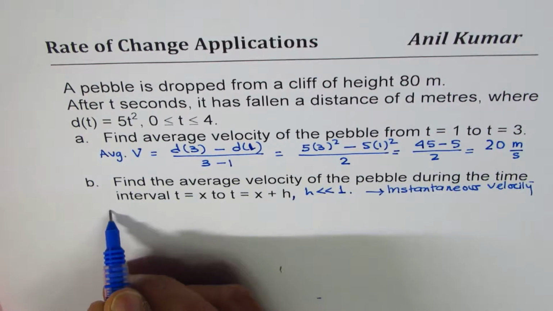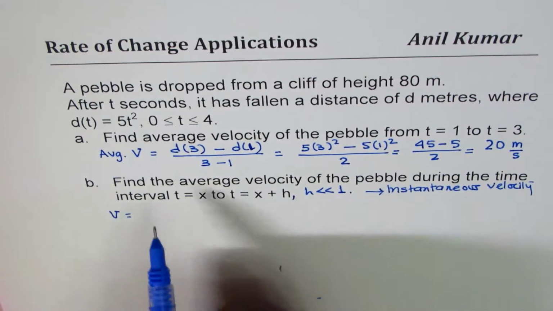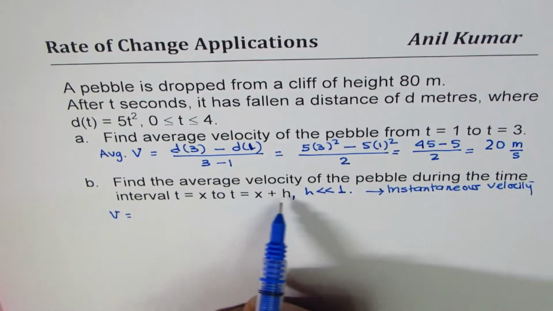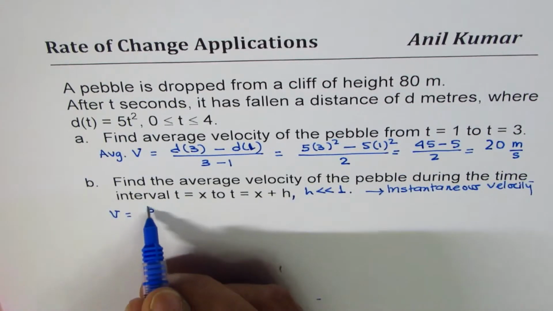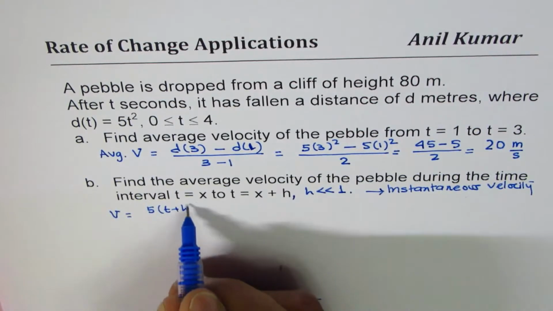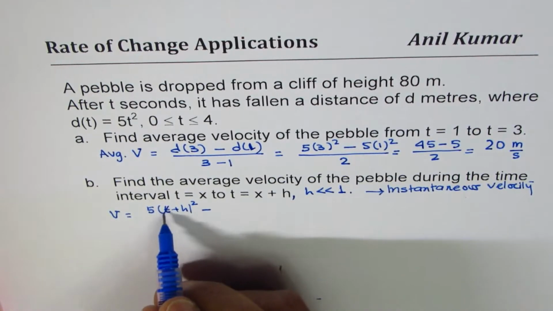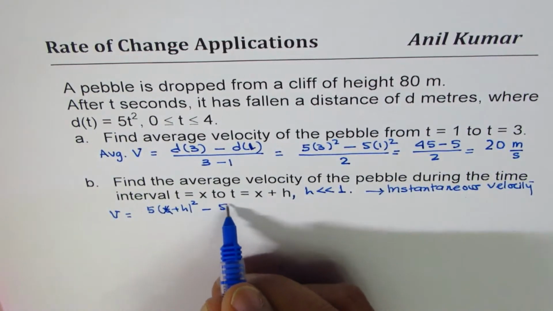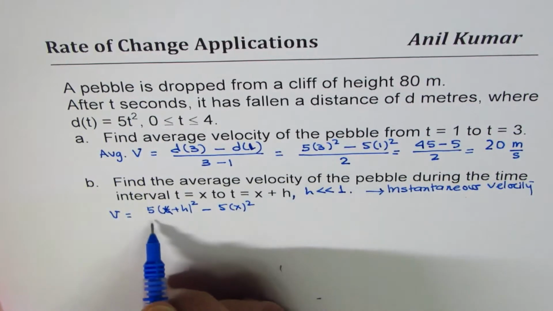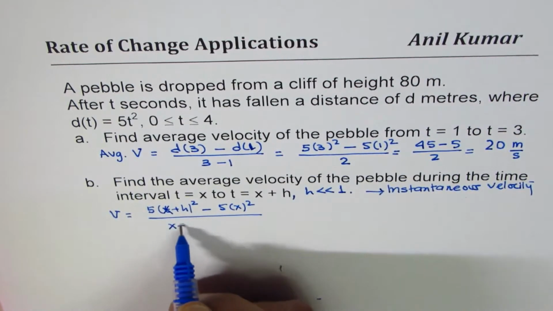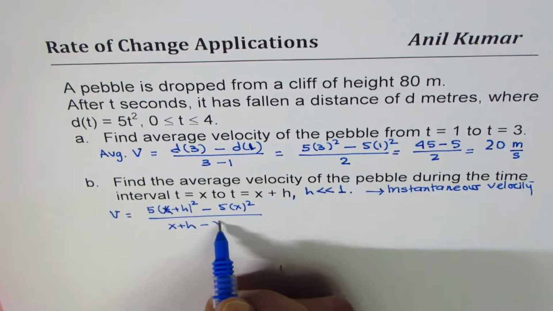So we are saying velocity, let me write now in general. So at x plus h, we'll write 5 times x plus h whole square minus 5x whole square, is it okay? Divided by x plus h minus x, is it okay?